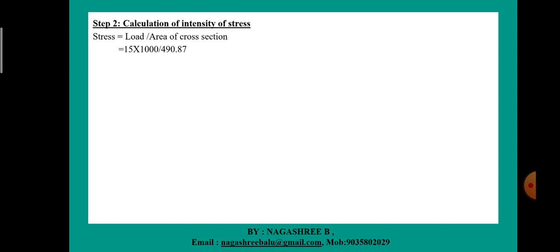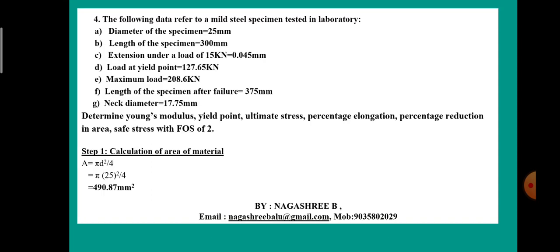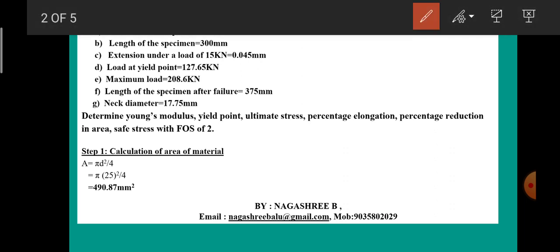Here in the problem they have given the load at yield point as 127.65, and the extension under 15 kilonewton is 0.045.